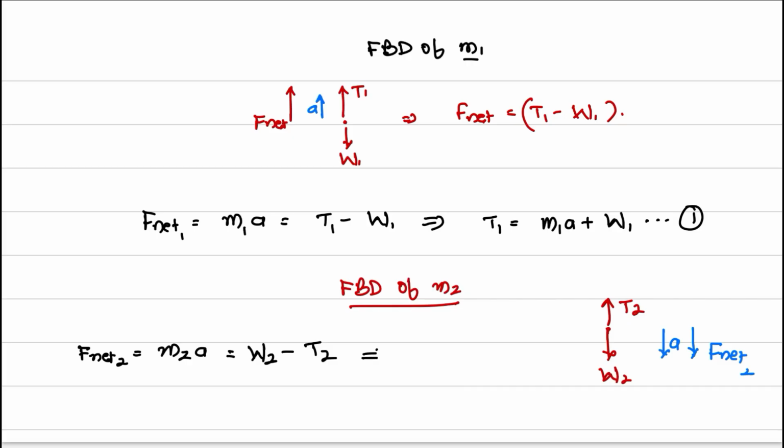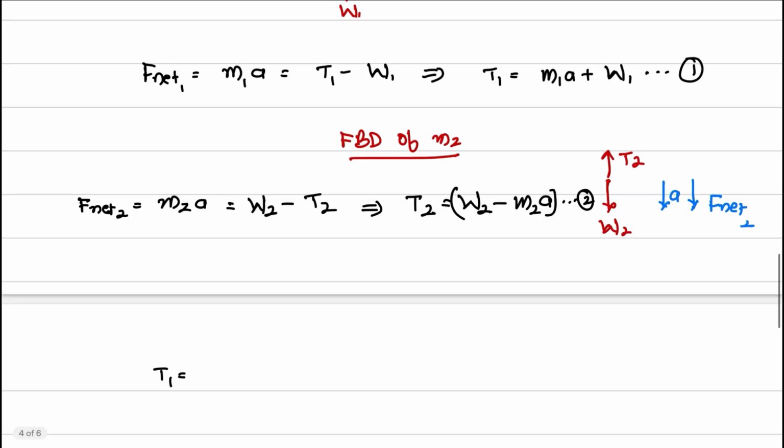That implies T2 is equal to W2 minus M2A. This is equation 2. Do you agree? Now we have got two equations.